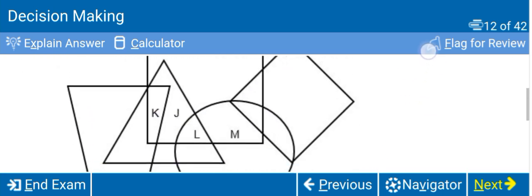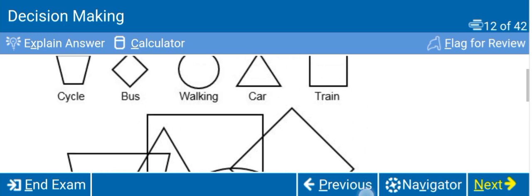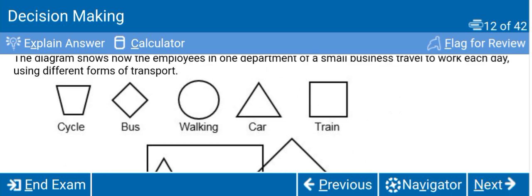First you can look at this one, how they represent each form. The first shape represents cycle, the second represents bus, the third one represents walking, the fourth, a triangle shape, represents car, and the last shape, in the form of a square, represents train.